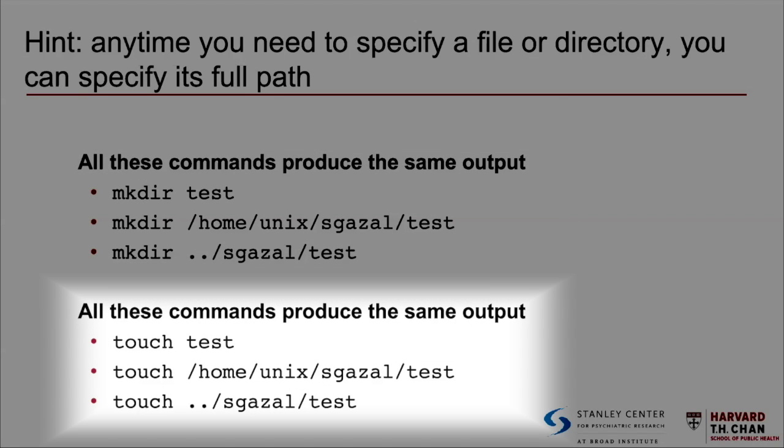Similarly with touch, you can either use touch and the name of the file, if you want to create a file in your working directory, or touch followed by the full path of the file you want to create.